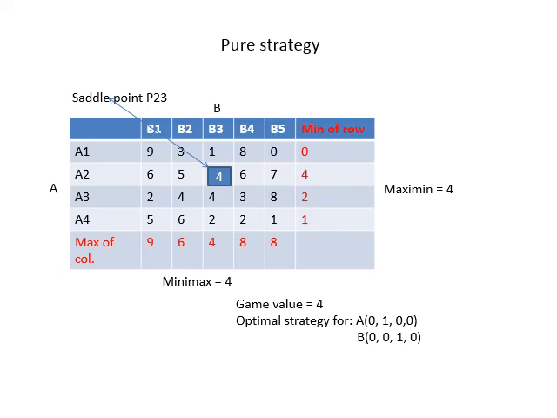A2, the minimum value is 4. A3, the minimum value is 2. A4, the minimum value is 1. Now, the maximum of all these minimums equals 4.